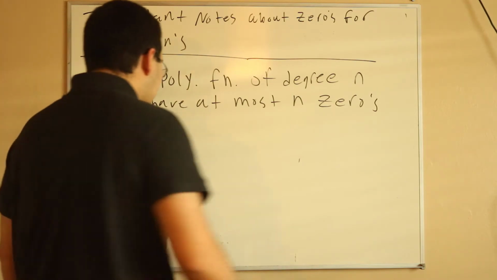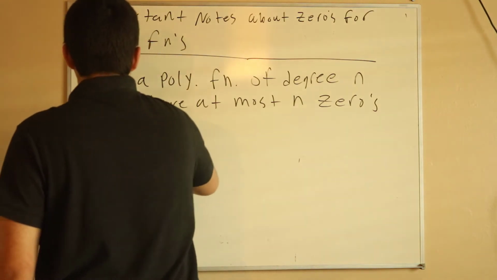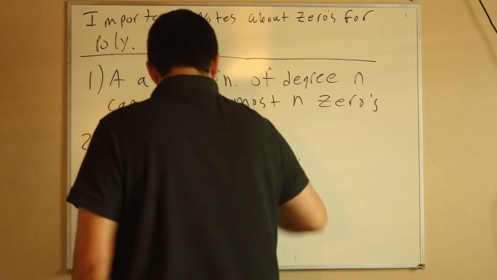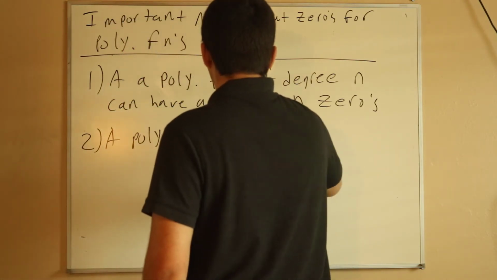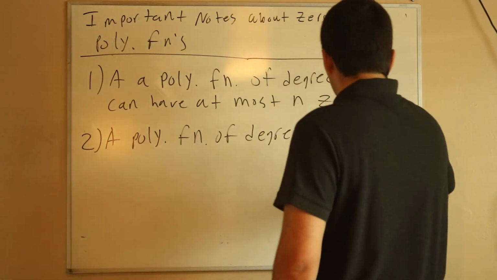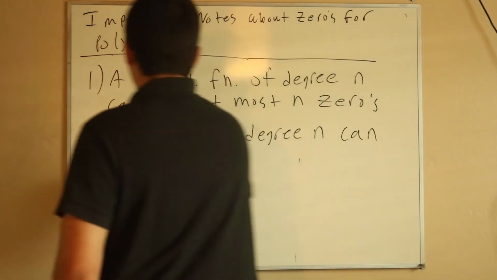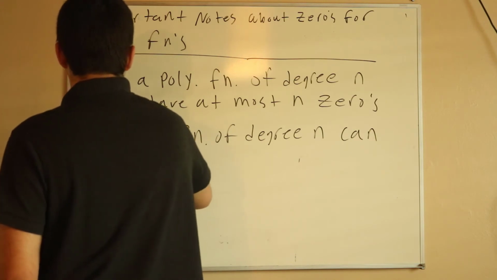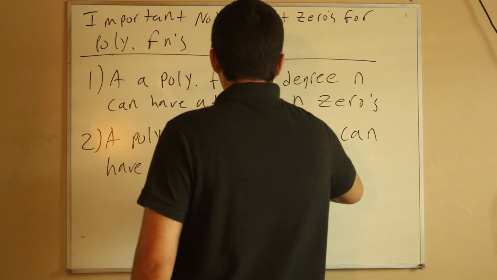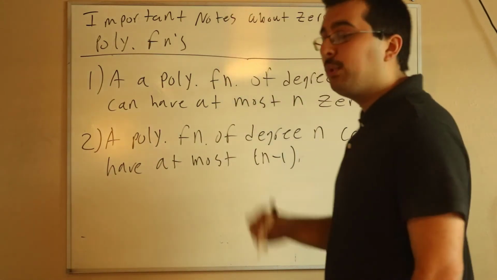The second note we can make is a polynomial function of degree n can have at most n minus 1 turning points.